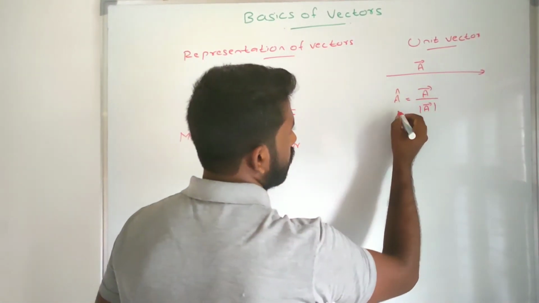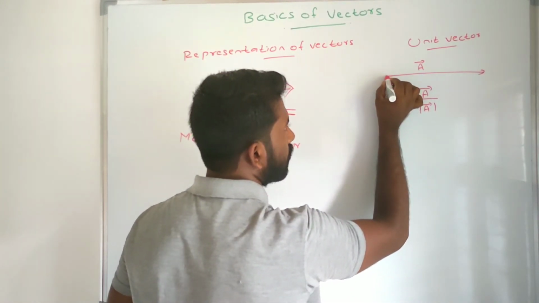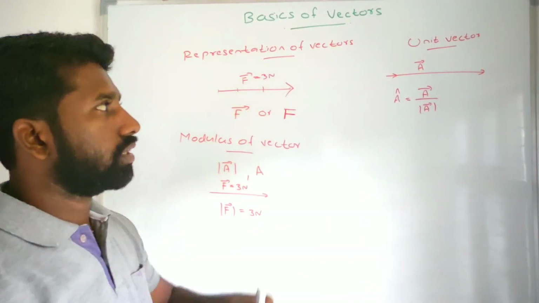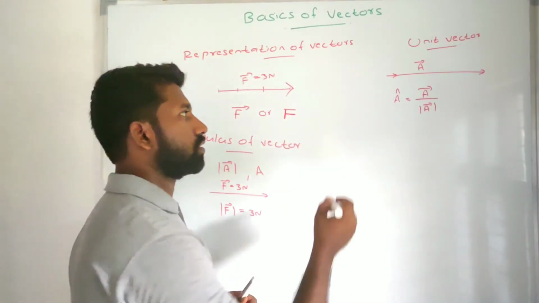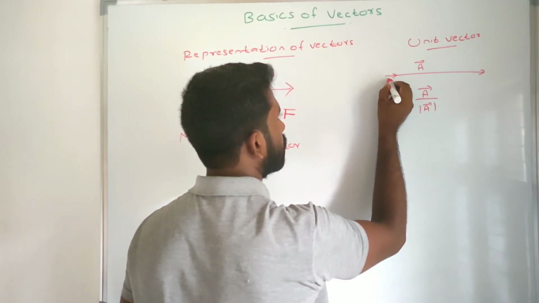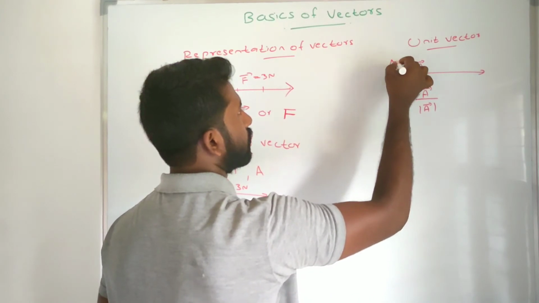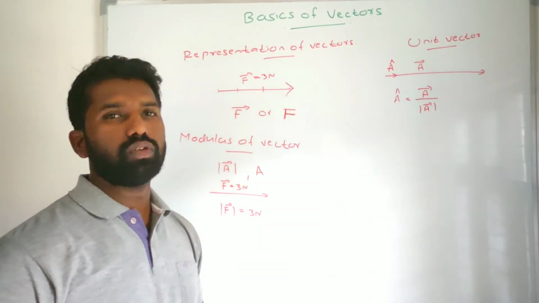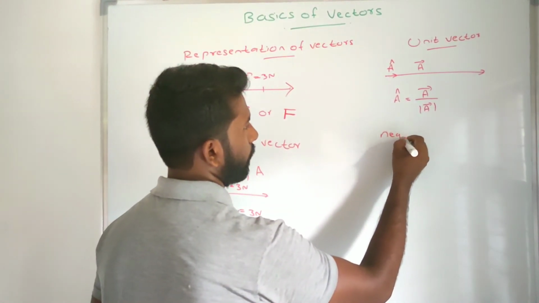Then it has the same direction as this vector and the magnitude is unity. Okay. The unit vector, A cap, like this, has the same direction as A and the magnitude is unity. Okay. Clear?